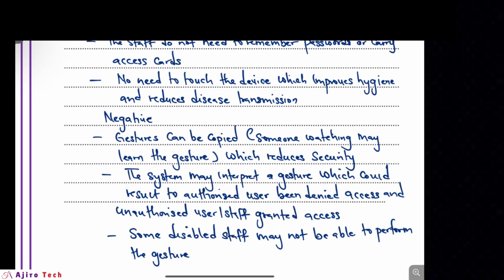They may not be able to perform the gesture, right? Because, well, they are disabled. Okay. So it's important that gesture-based systems are convenient, right? And contactless, but maybe less secure if the gestures are observed and copied.